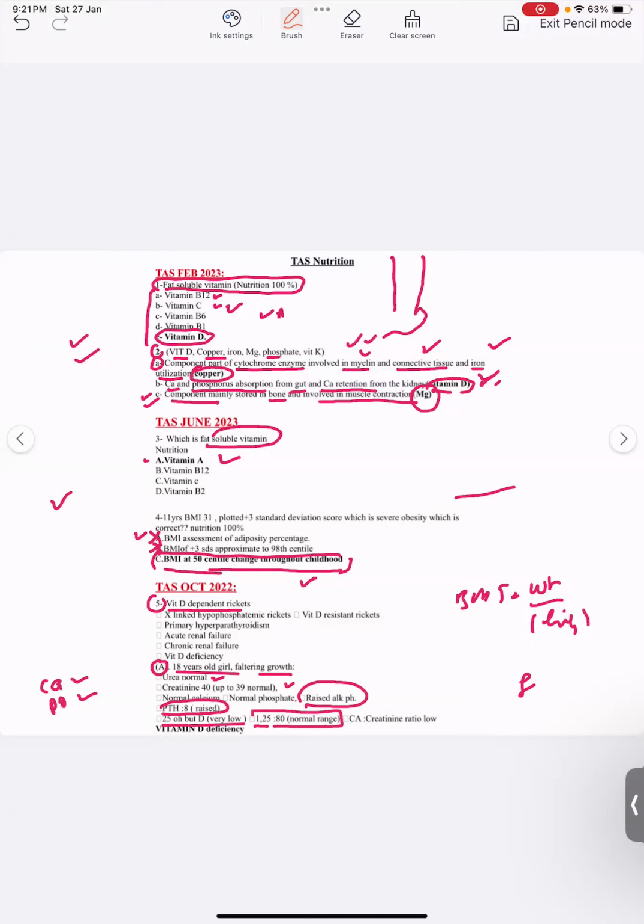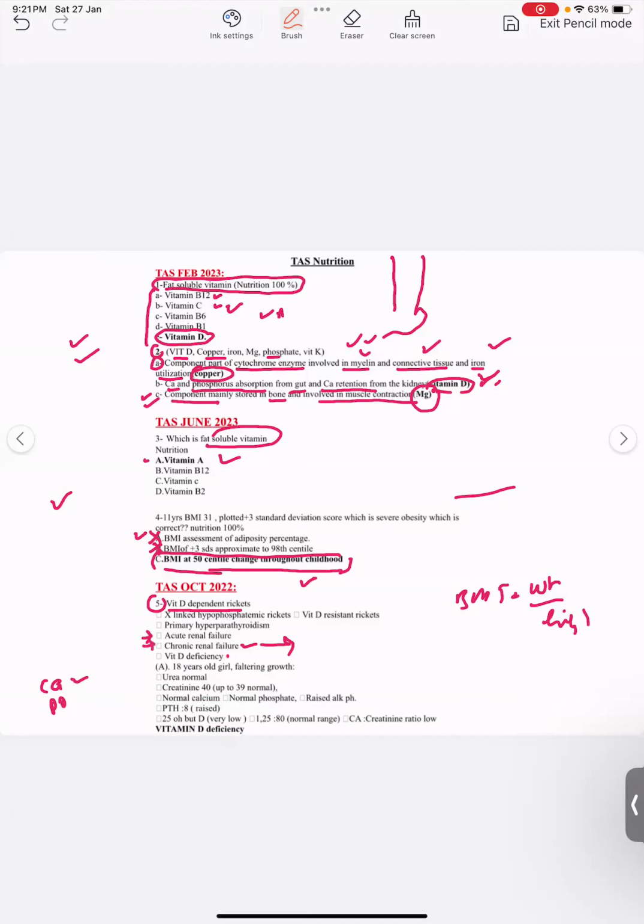What is your diagnosis? Is this chronic renal failure? Okay, let us exclude all other causes. Is this chronic renal failure? No. Why? They have given me urea and creatinine that are normal, so this is not a case of chronic renal failure. Is this acute renal failure?